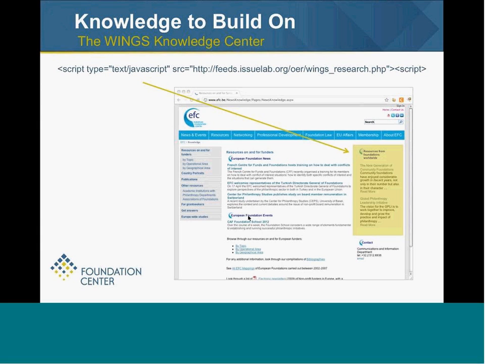So this is a way to easily syndicate content to provide your website users with content that you may not have the capacity to develop on your own. But as a Wings member, you're able to piggyback on the Knowledge Center. They get to view the latest titles added, and then when they click, they go to the Knowledge Center.